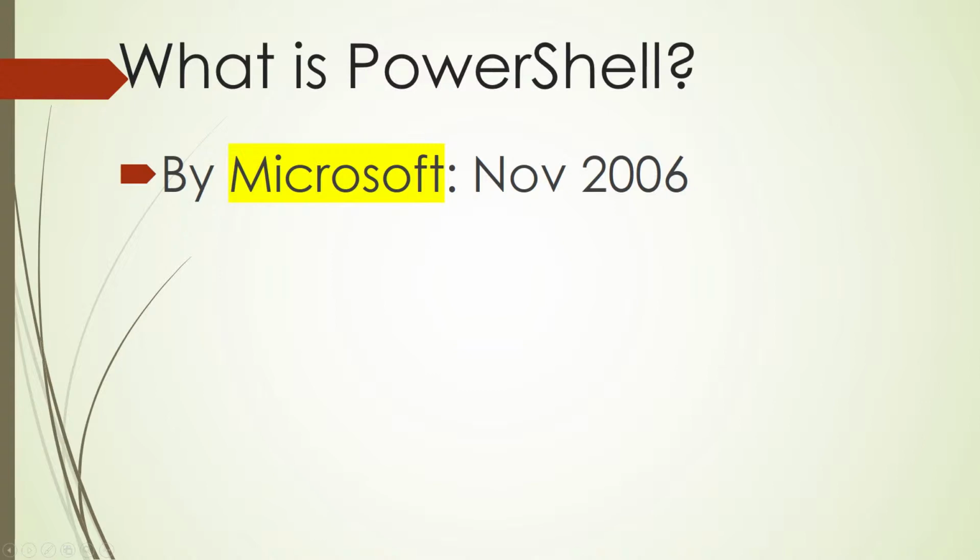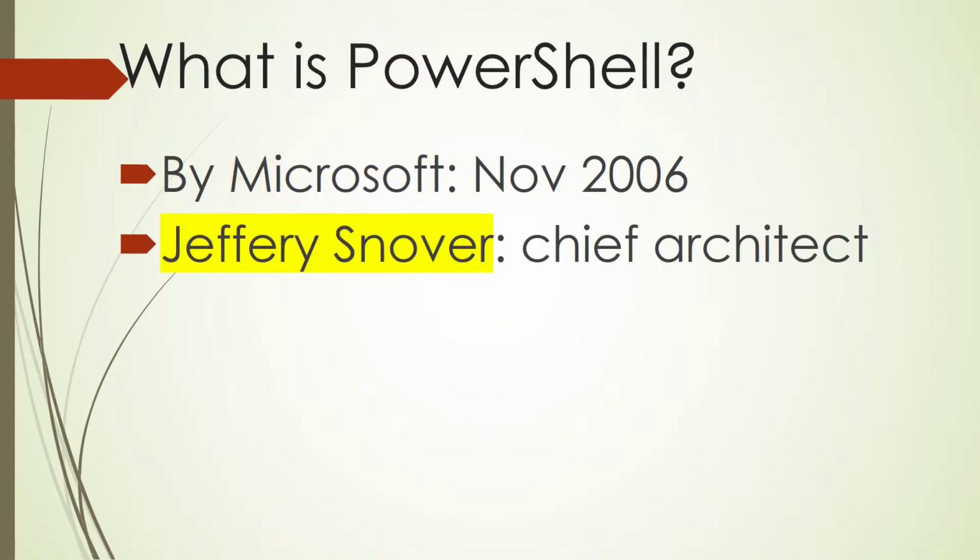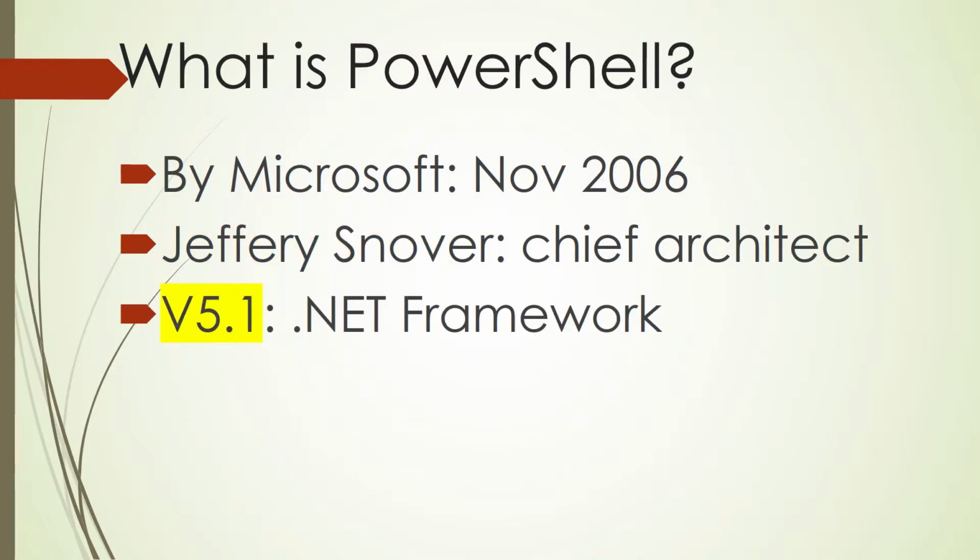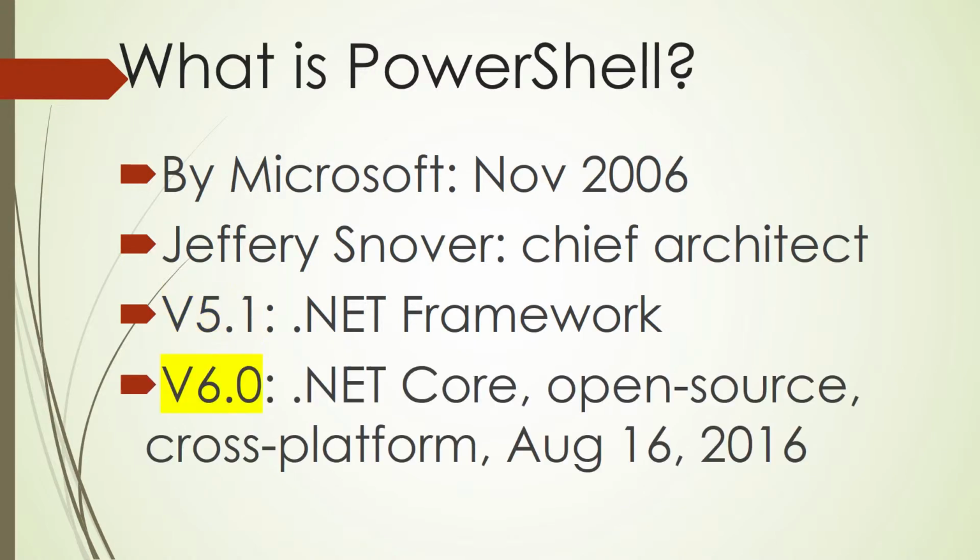It was developed by Microsoft, first released in November 2006. Jeffrey Snover is the PowerShell Chief Architect. PowerShell 5.1 was the last version exclusively for Windows, running the full .NET framework stack. From PowerShell 6.0, running on .NET Core, it became cross-platform, independent of Windows, free and open source on August 18, 2016.